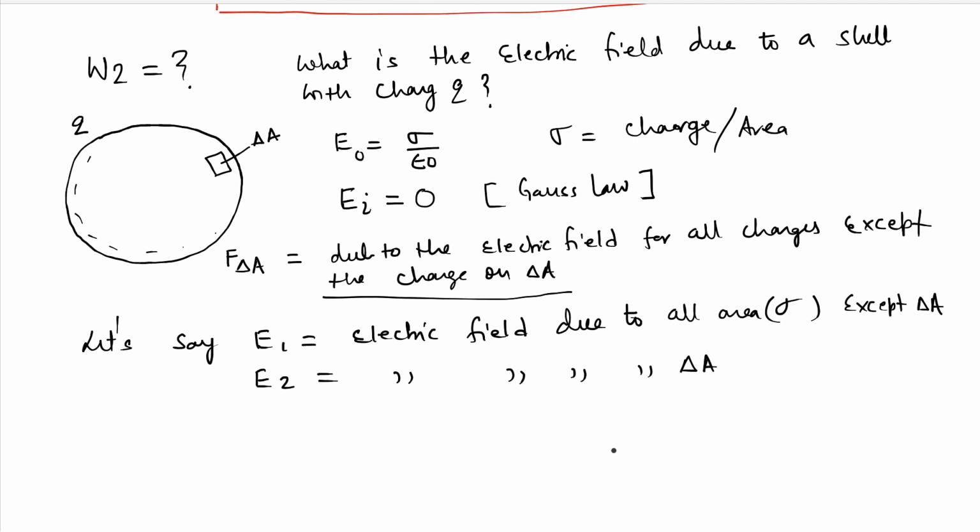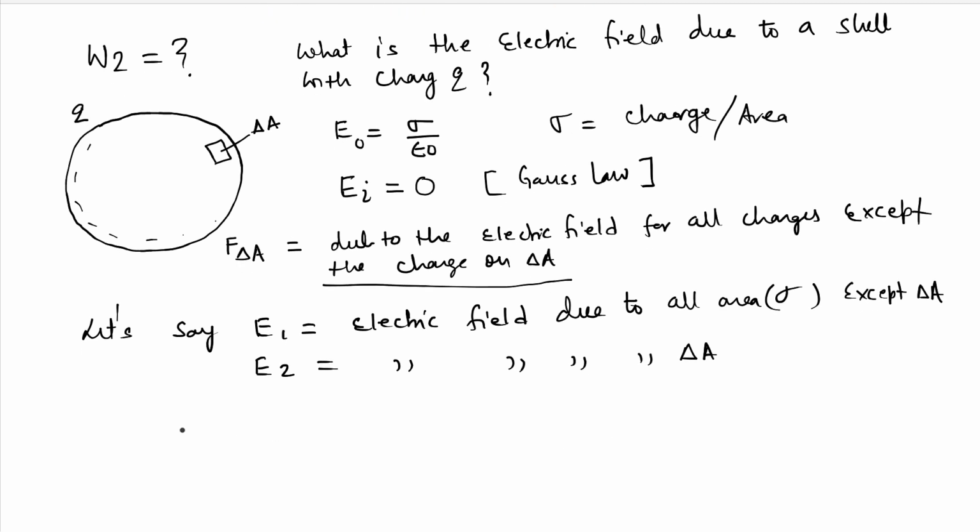Now the force on delta A will be because of E1, right? Not because of E2, right? Force on delta A will be sigma into delta A into the electric field because of all other charges.